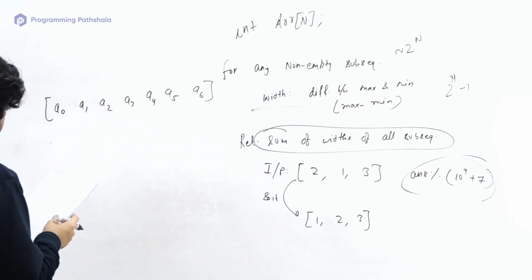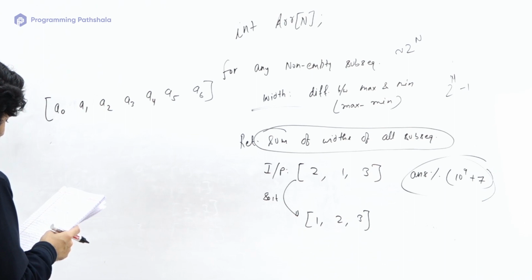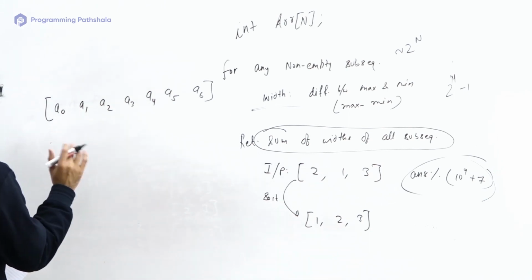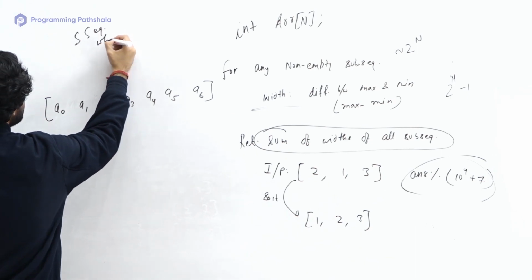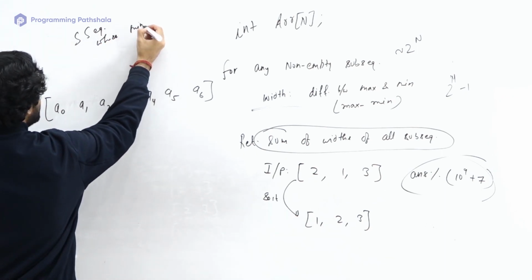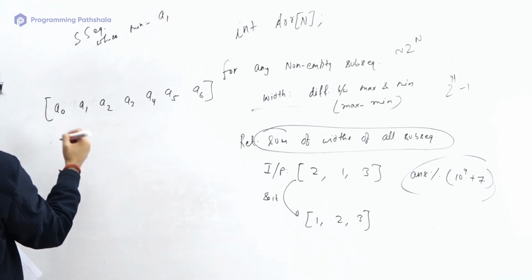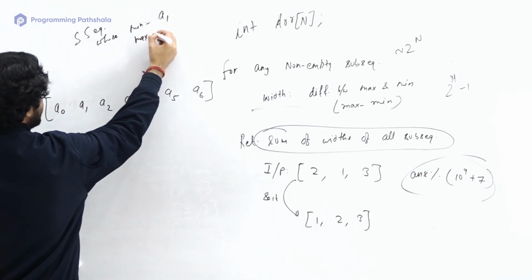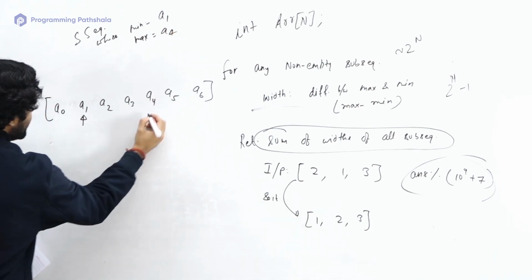Now tell me one thing. Let us say you are talking about the subsequences whose minimum is, let's say, A1, and maximum is A4.